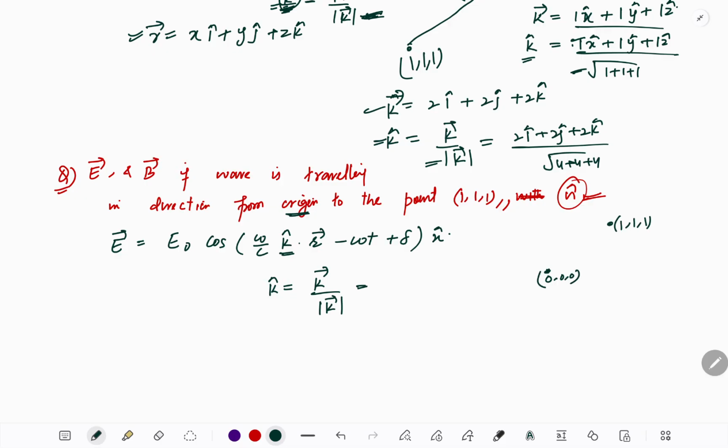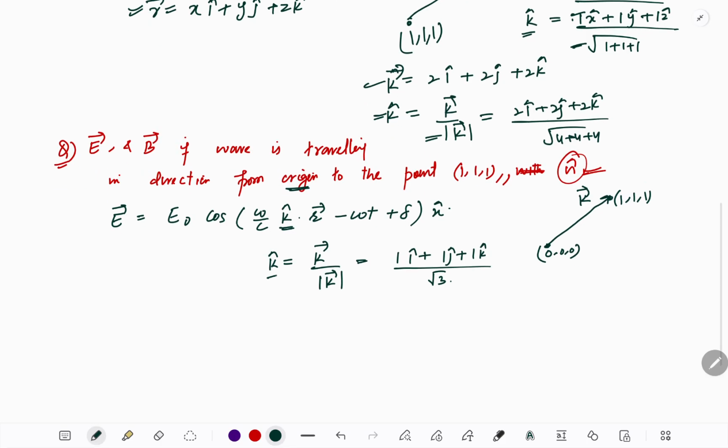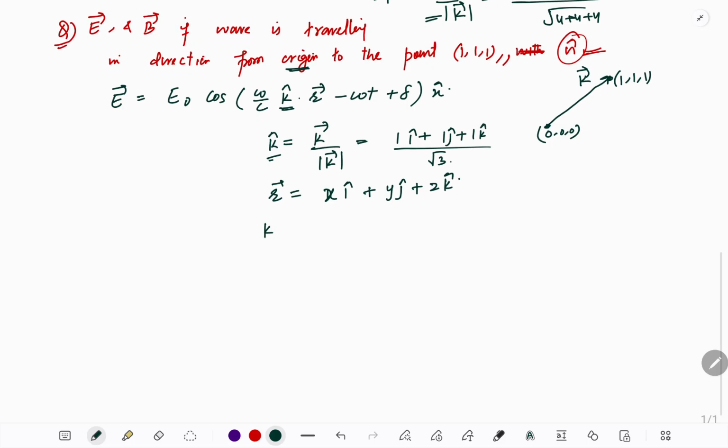So k cap is 1 i cap plus 1 j cap plus 1 k cap divided by root of 1 square plus 1 square plus 1 square, which is root 3. Now we have to do k cap dot r vector. R vector is given by x i cap plus y j cap plus z k cap. Now what is k cap dot r vector? Let's take this out: 1 over root 3.